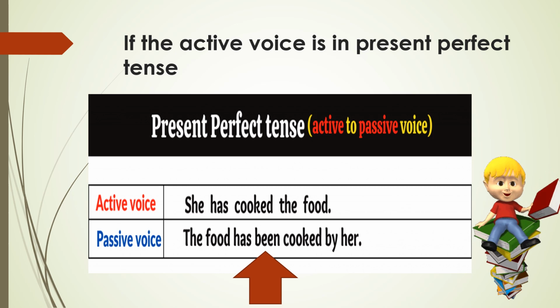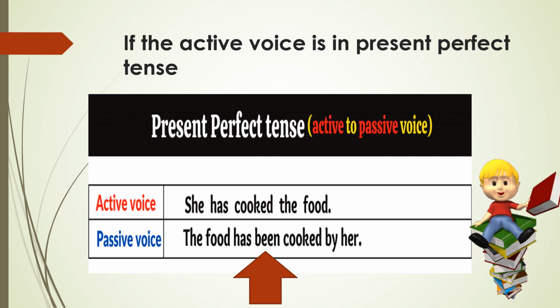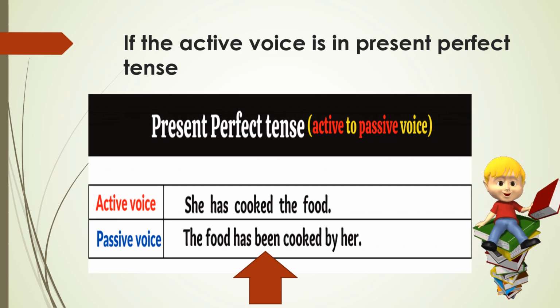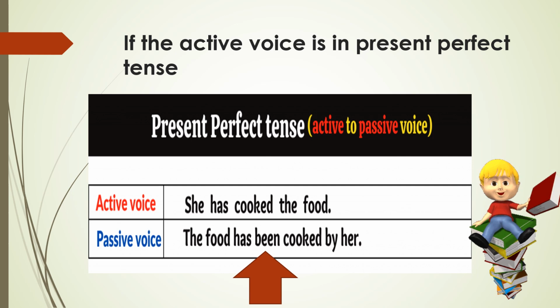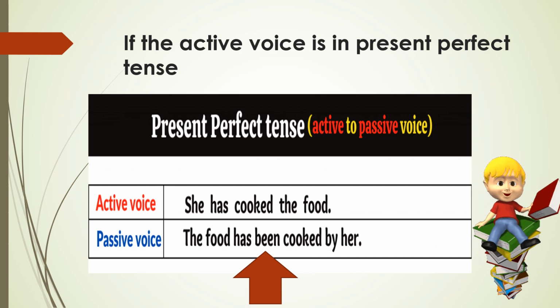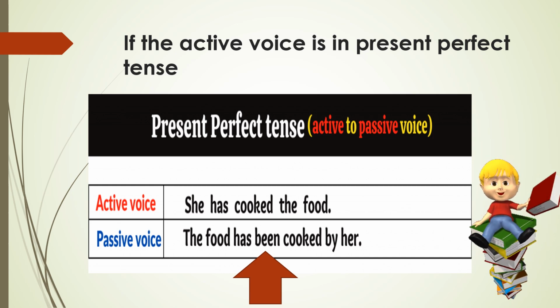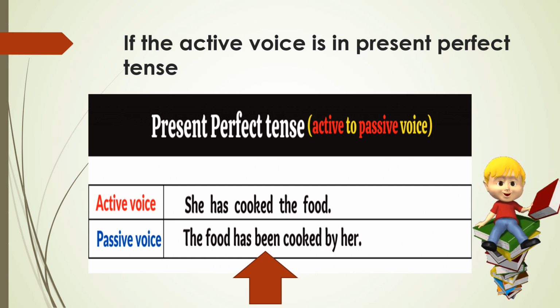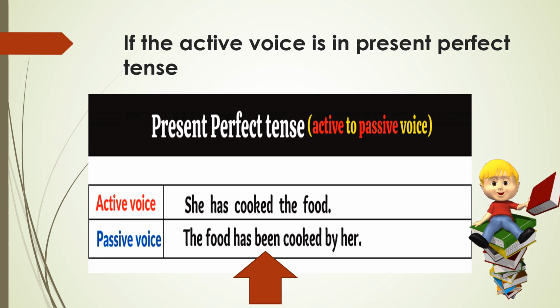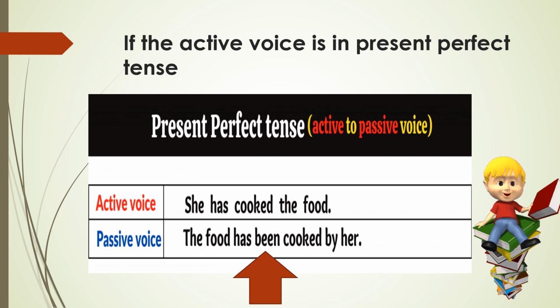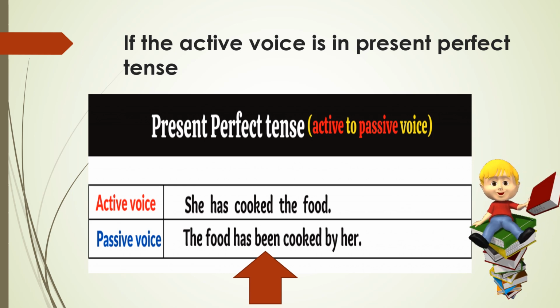Now if you look at this slide, if the active voice is given in present perfect tense, where there is the use of has or have plus the third form of verb, then you will convert it into passive by adding the word been. For example, if the active voice is given in present perfect tense: she has cooked the food. In this sentence, she is the subject, cooked is the verb, and the food is the object. The food will replace the subject and appear at the beginning of the sentence, like this: the food has been cooked by her.